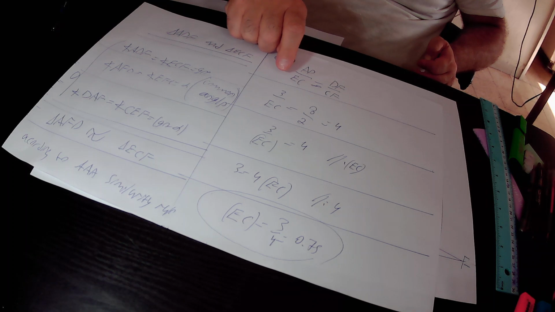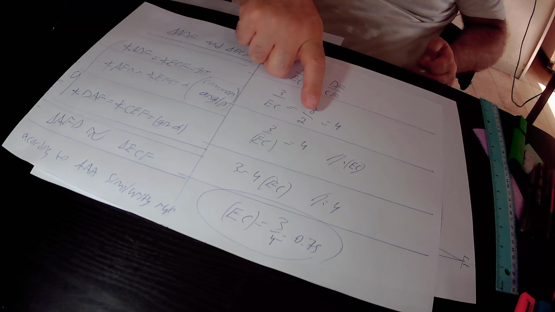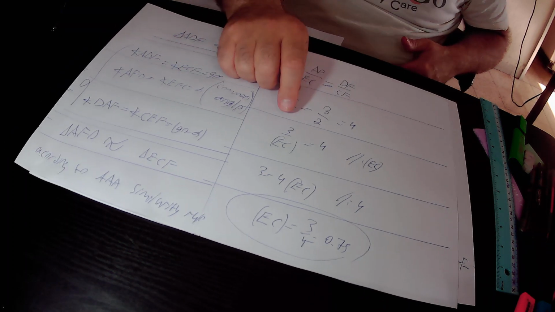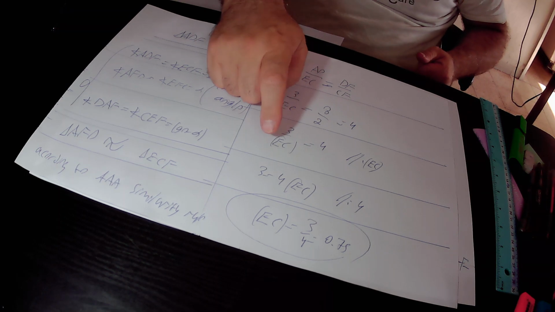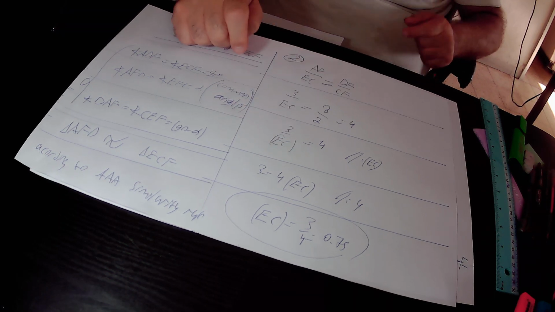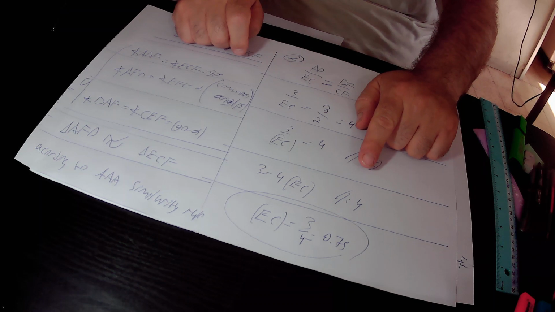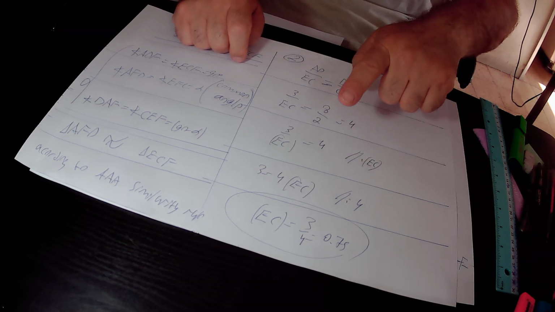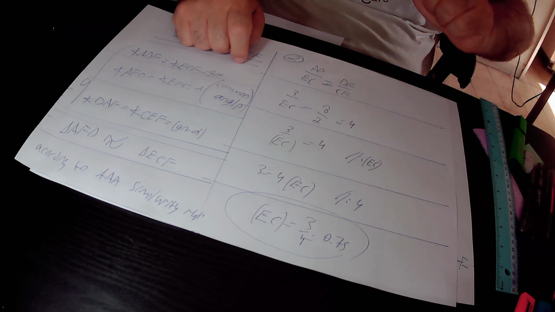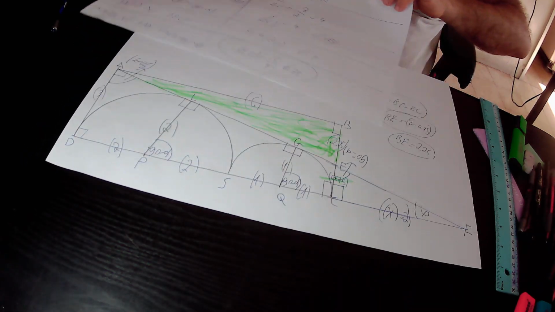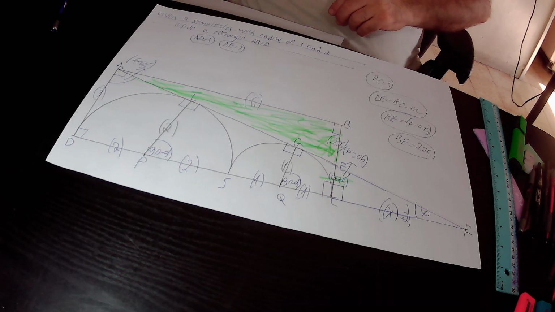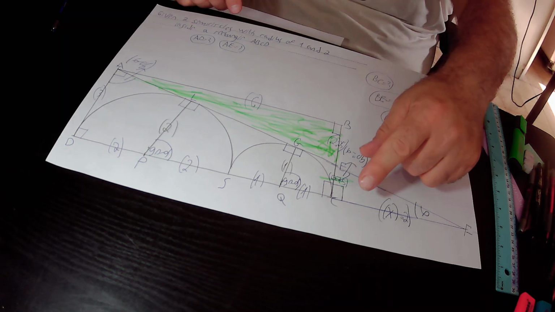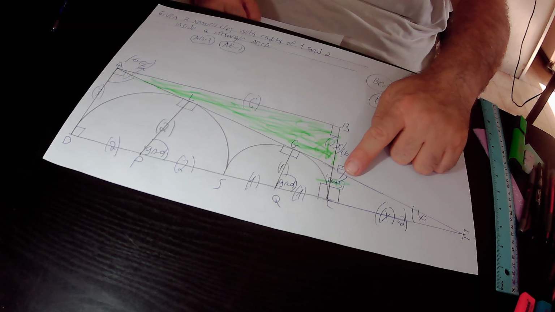So 3 over EC equals 4. Here we multiply this equation by EC and find that 3 equals 4 times EC. Dividing by 4, we find that the missing side EC equals 3/4 or 0.75 units.